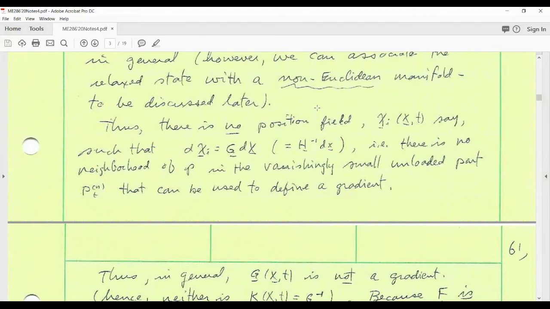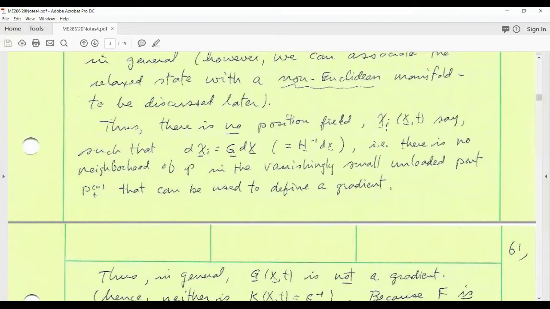So the deformation that takes us from the current configuration to the relaxed state we call H inverse, right? That's the inverse elastic deformation gradient, or it's also the plastic deformation, G, that takes us from the reference configuration to the same state.